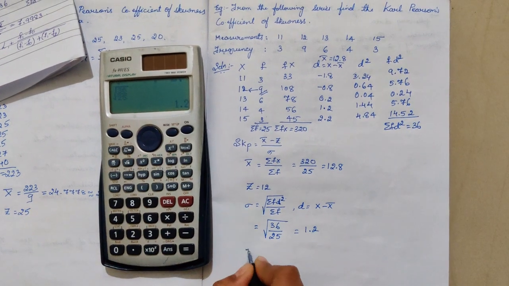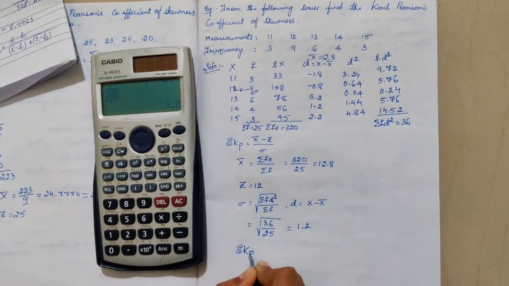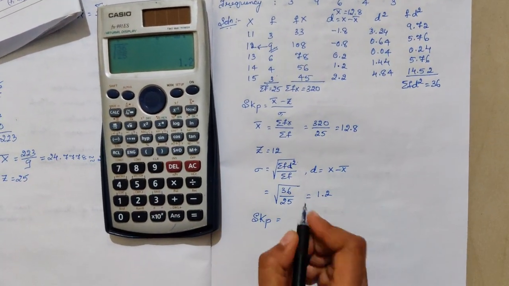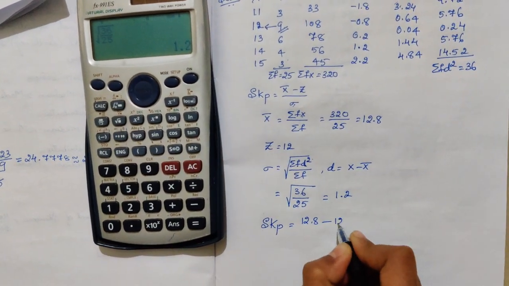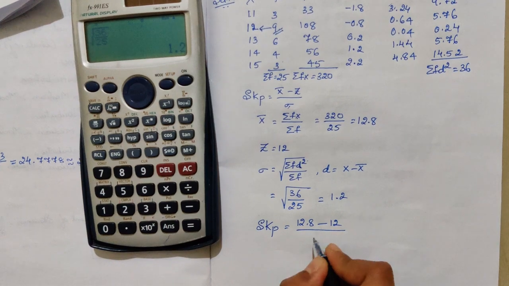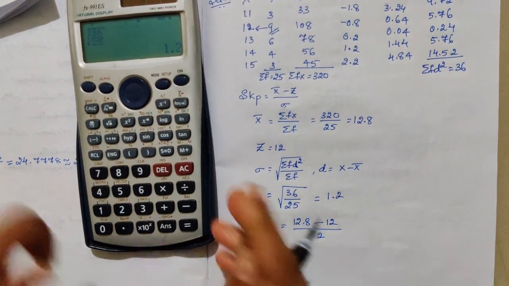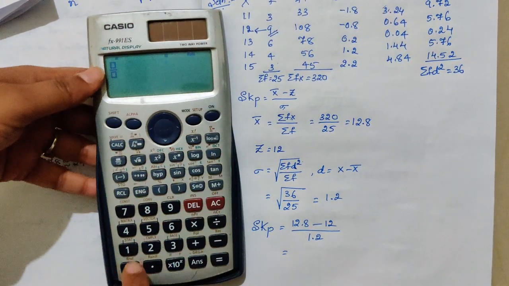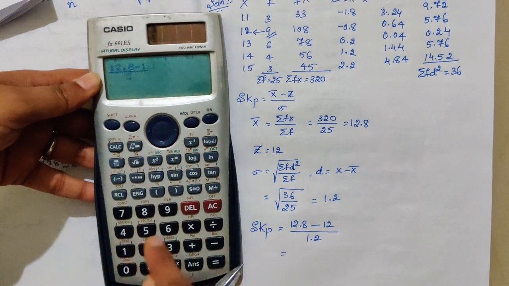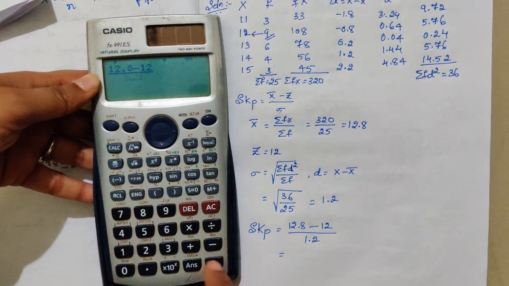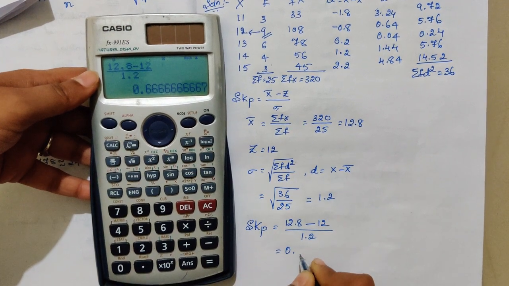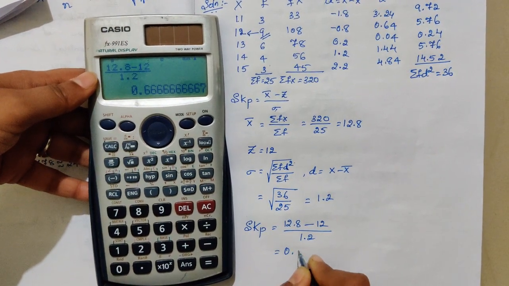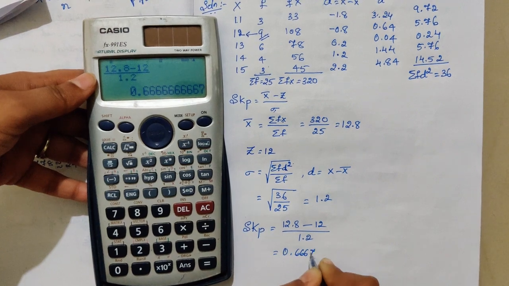We substitute in the formula: SKP equals x bar value 12.8 minus z value 12 divided by sigma value 1.2. If we simplify, that is 12.8 minus 12 divided by 1.2. We get the answer as 0.6667.